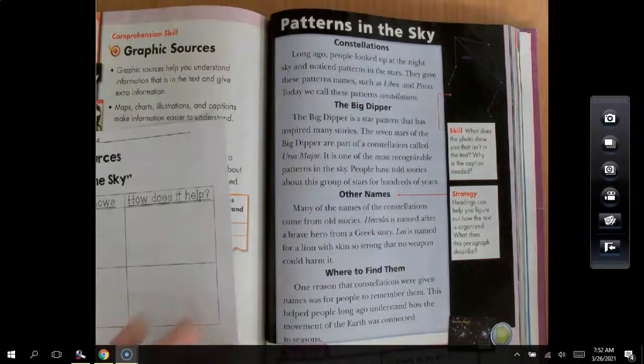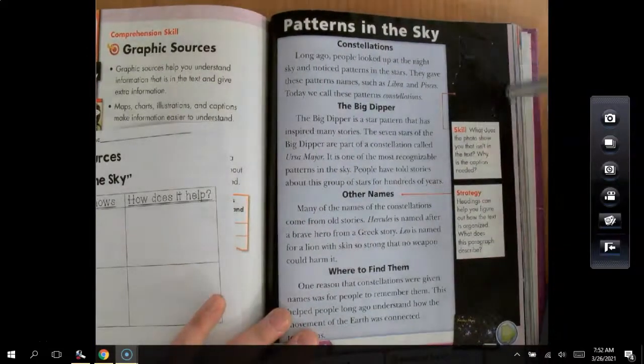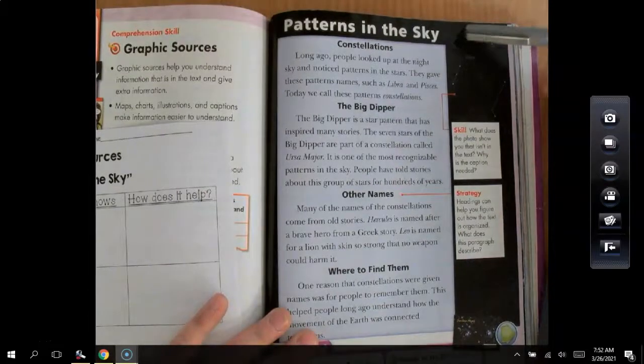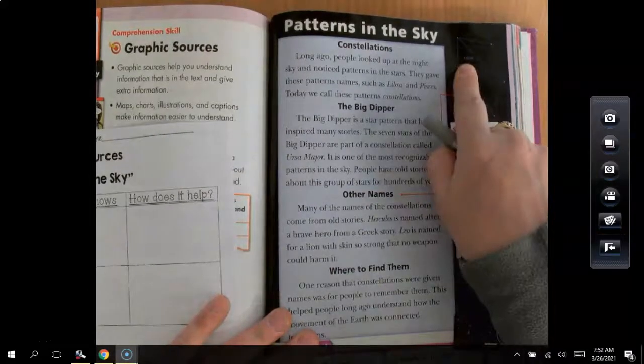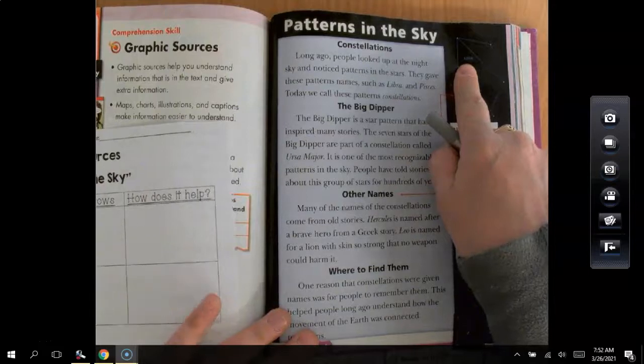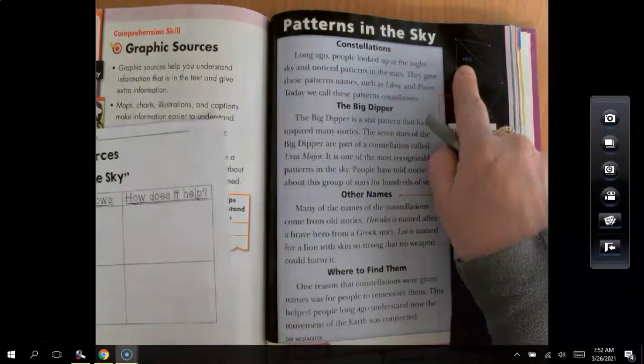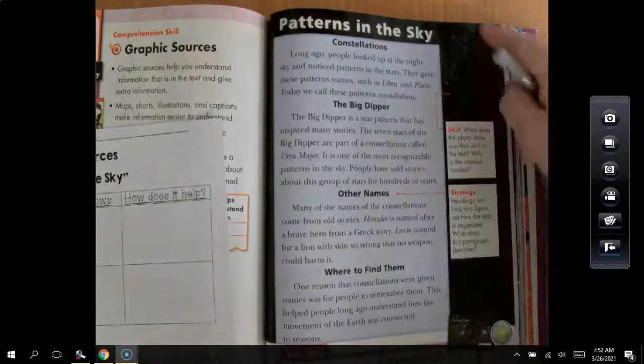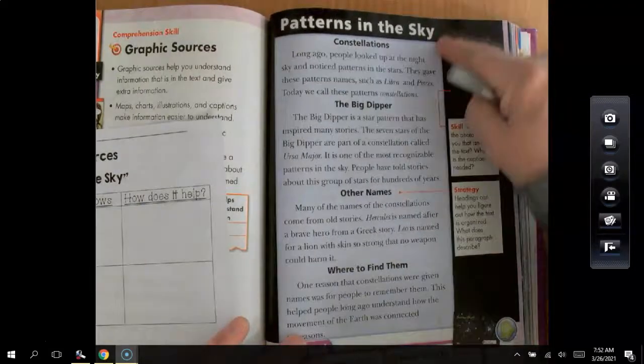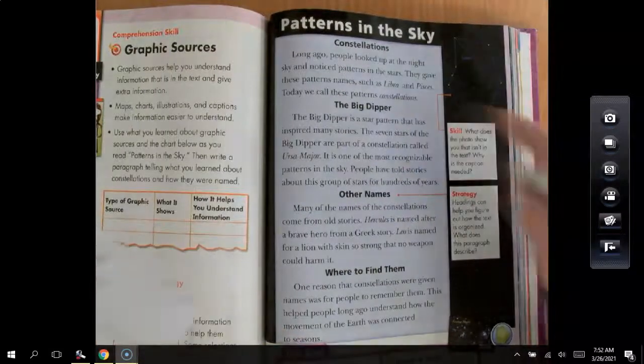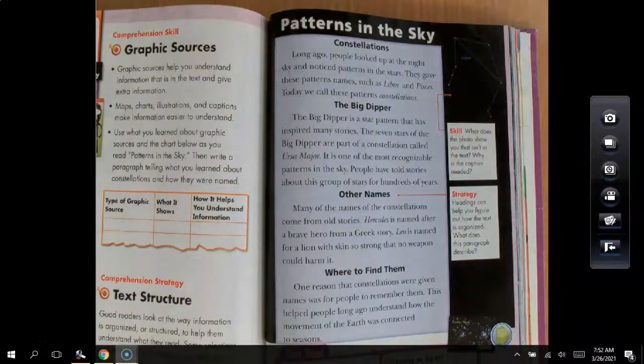Well, let me give you a clue. What about this right here? Does anybody remember, if I point to Libra, what that's called? Or this? What is this called? What do you think?